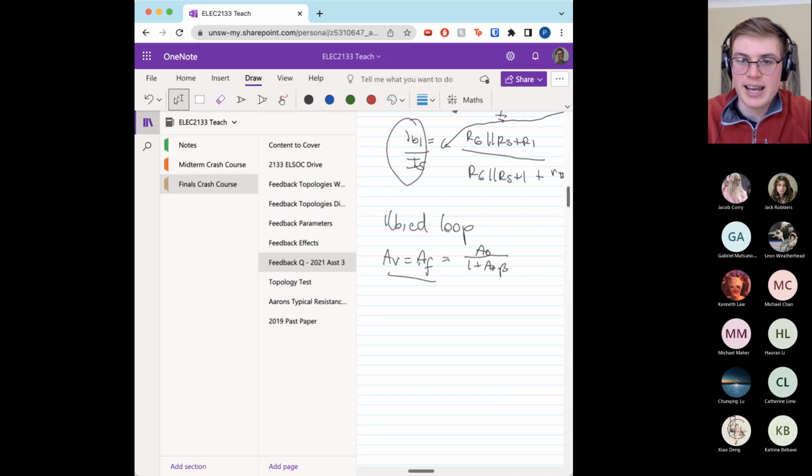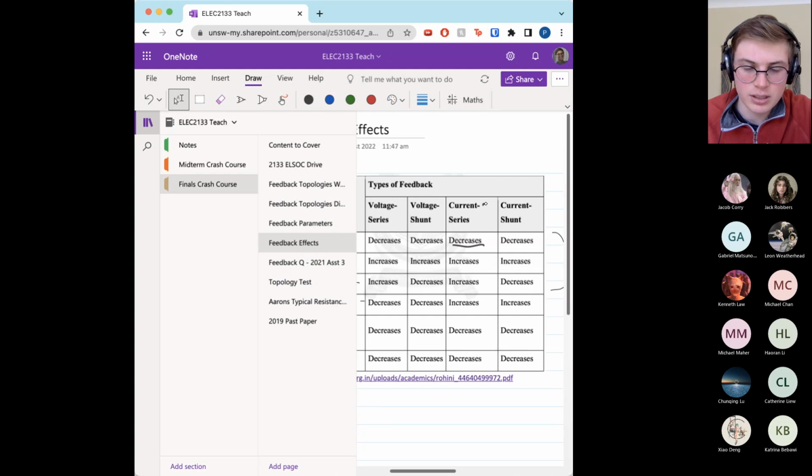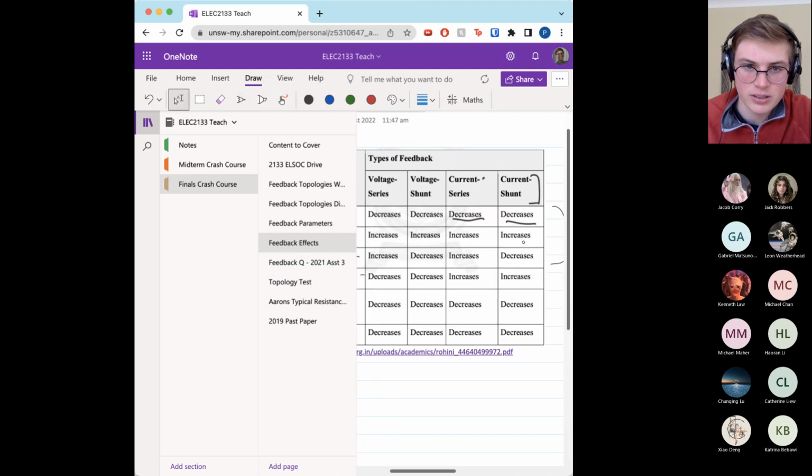Input and output, again going back to the effects. So we're looking at current. Sorry, it was current shunt. So it decreases.